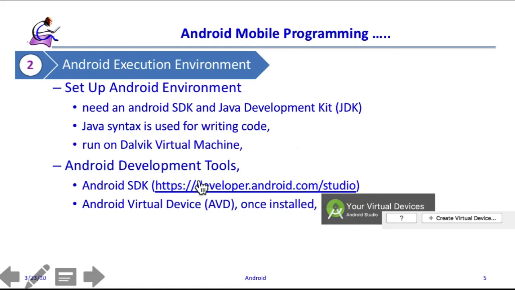After downloading and installing, you also need to enable the Android Virtual Device, AVD, an emulator, which is used to see samples of how your program is running on your machine.